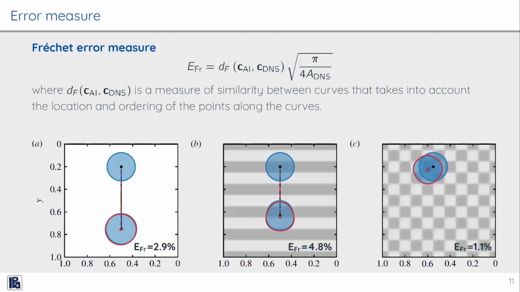Here we see some very simple testing scenarios on which we tested our workflow. You see on the left, we have a homogeneous surface. In the middle, we have stripes with alternating wettability. And on the right, you see a checkerboard pattern where our droplet gets stuck on the features, and therefore the Fréchet error is so low.